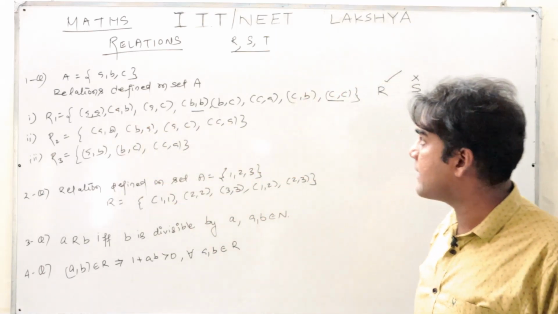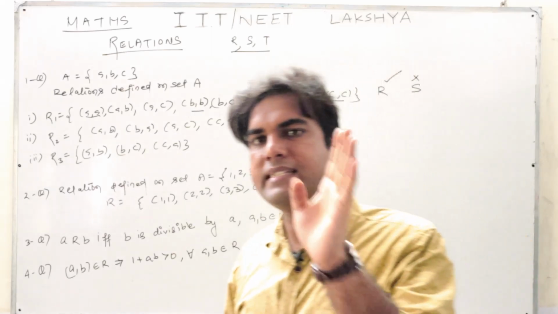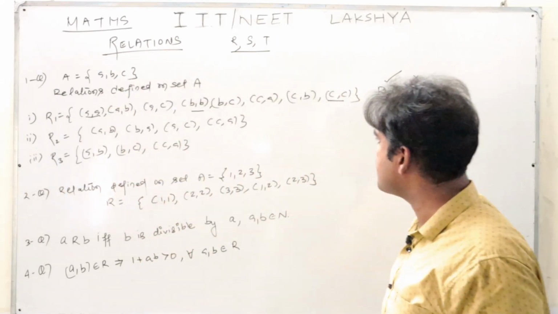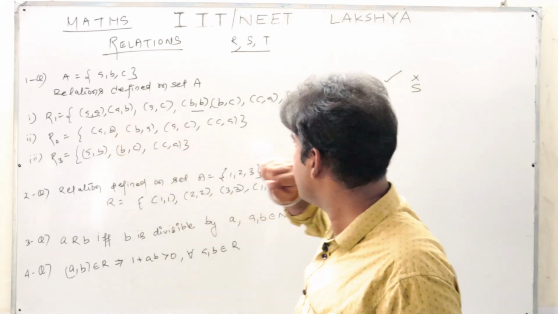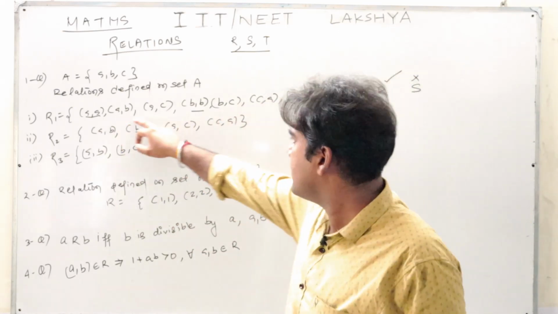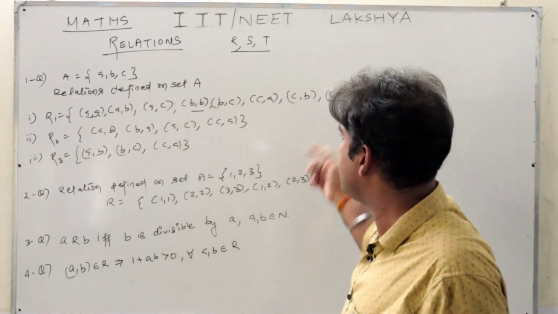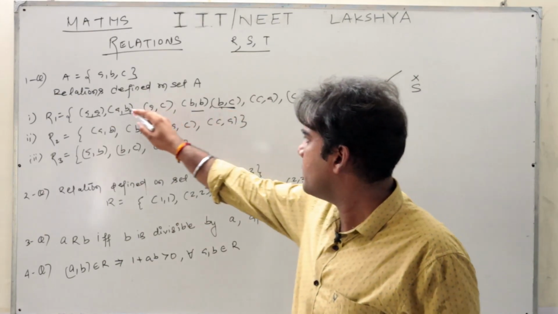Let us check transitive relation. So transitive means if AB is there and BC is there, then AC should also be there. So let us check here. AB is there, BC is there. So AC, where is AC? AC is not there.